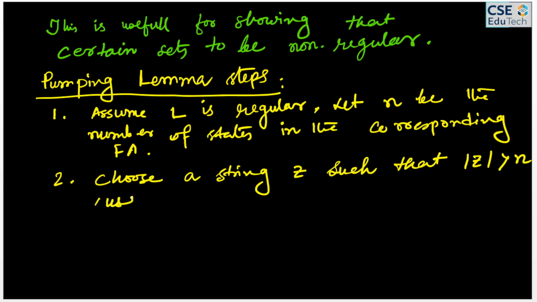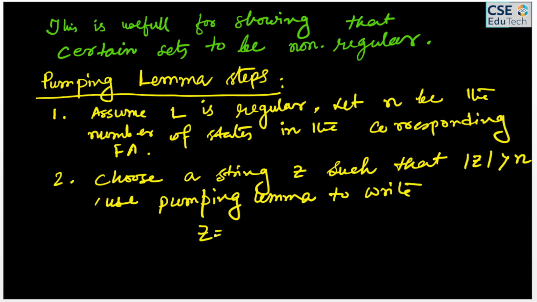And use pumping lemma to write, that is, we know that by pumping lemma we can partition the string into three parts, u, v, w, in such a way that together |uv| should be less than or equal to n, and the length of v alone is greater than 0, or greater than or equal to 1.